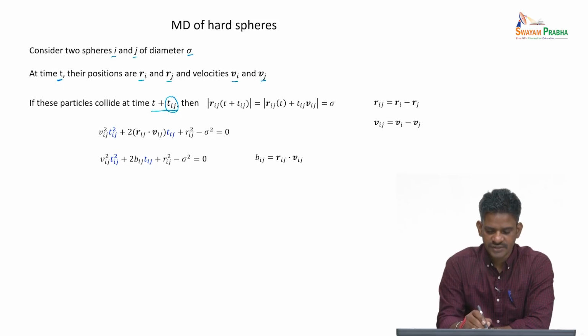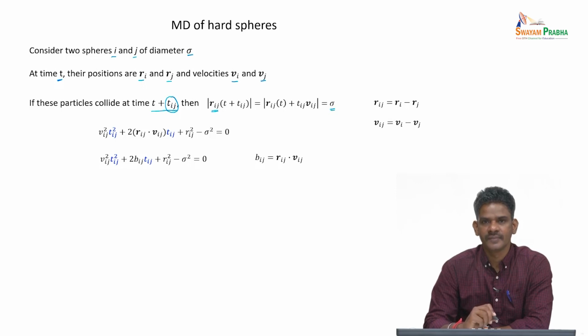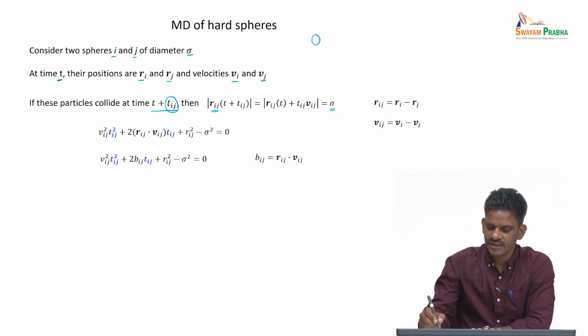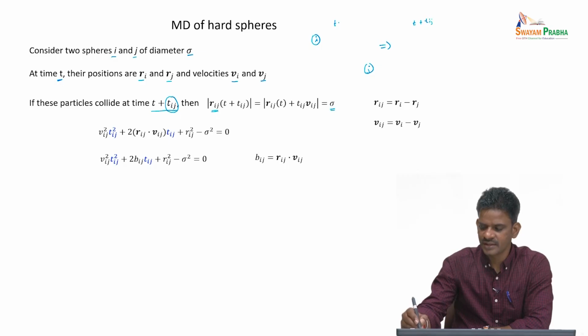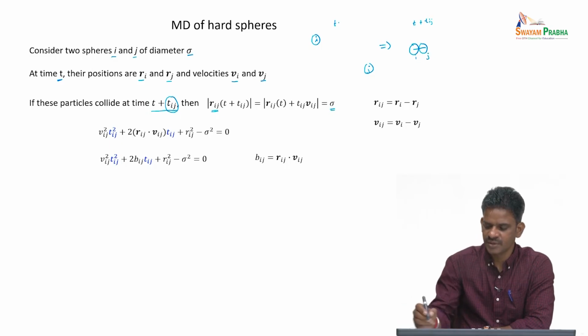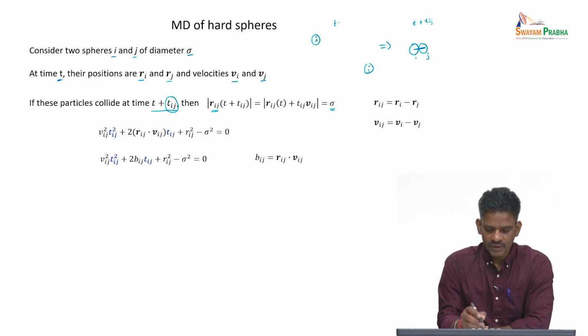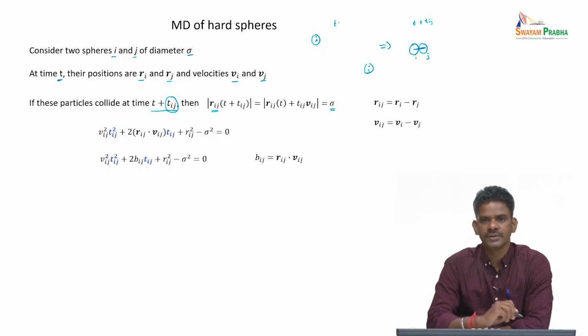At time t the particle could be somewhere here, and then at some future time t plus Tij, if these particles were to collide, the distance between particles i and j should be equal to sigma, which is nothing but the diameter of the particle. So we write that Rij at t plus Tij should be equal to sigma.